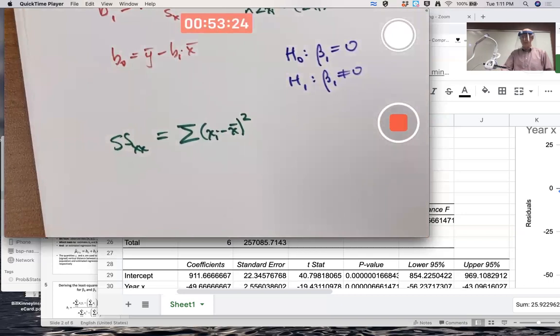And where did I show this to you last Friday? I showed it to you when talking about the formula for B1. I told you the way that I always remember it in terms of SS at first, and then I showed you how it was equivalent to the book's formula.